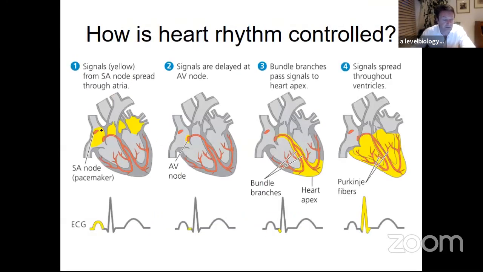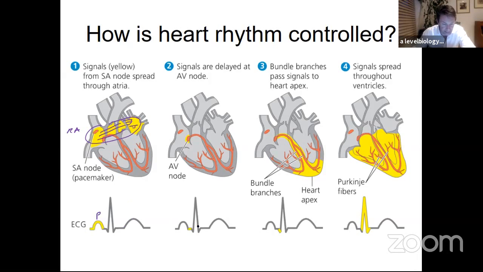So again, going through, we've got signals coming across from the sinoatrial node, which is in the right atrium, causing the atria to contract. Now, you can detect this wave of electrical activity on an ECG, and this is called the P wave. And the P wave is the electrical activity spreading out from the sinoatrial node, causing the atria to contract.